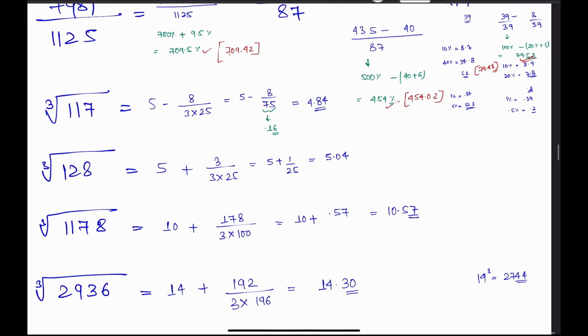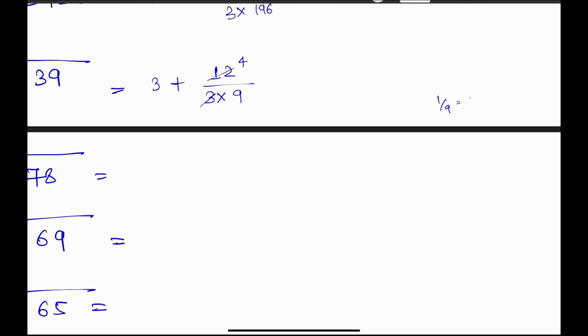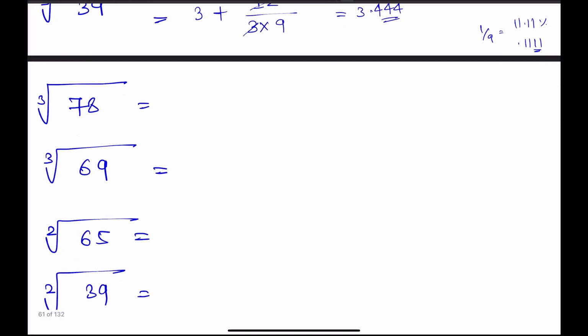So in percentage terms, it is 11.11%, but percent is divided by 100, so it will be 0.1111. So 0.111 into 4 is nothing but it will be 3.444 or 3.45, anything we can take.